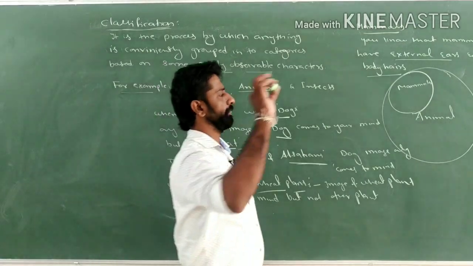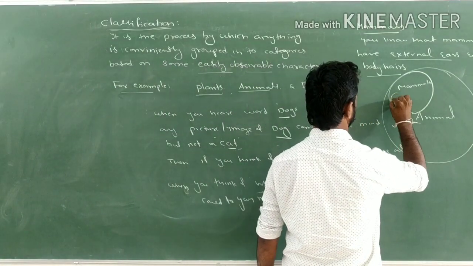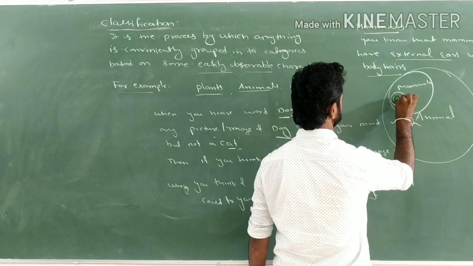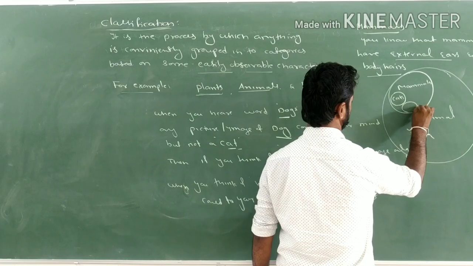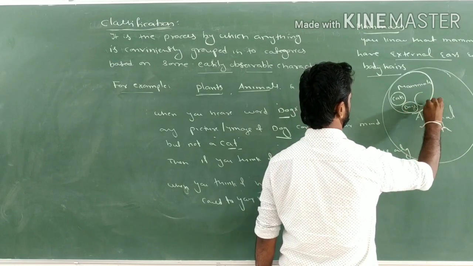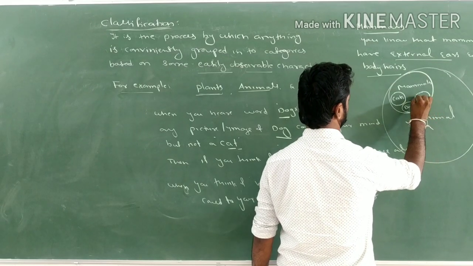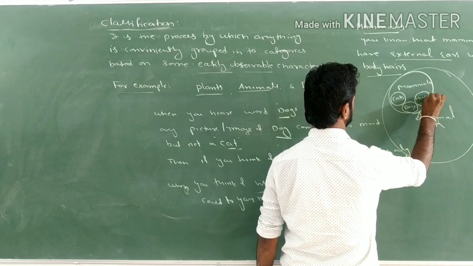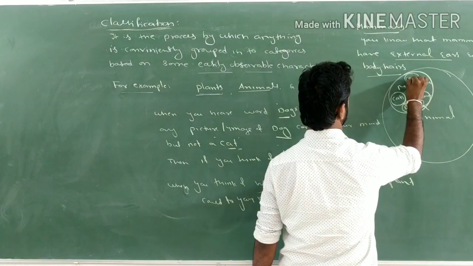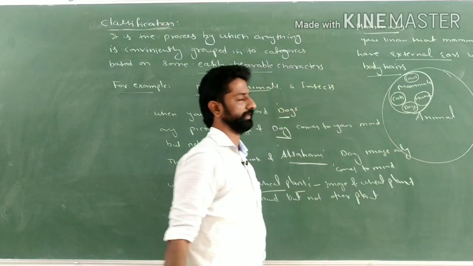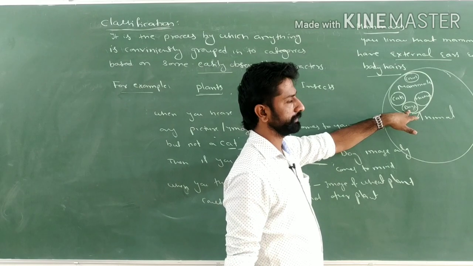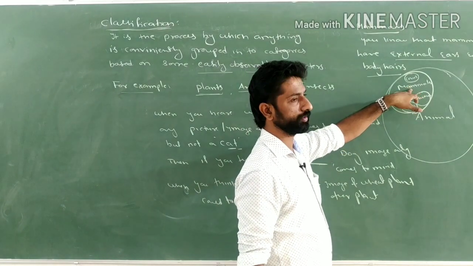In that mammals, let's take other groups. Some are cats, some are dogs, and some are humans, and the other groups, say for example, the cows, the buffalo, like that. See, dogs is another group that comes under the group called mammals.